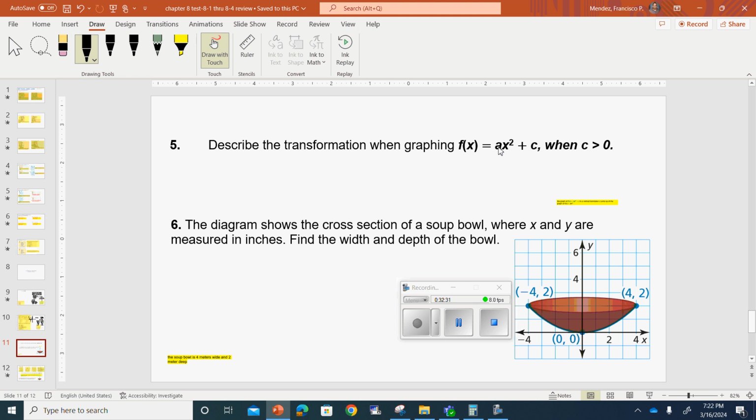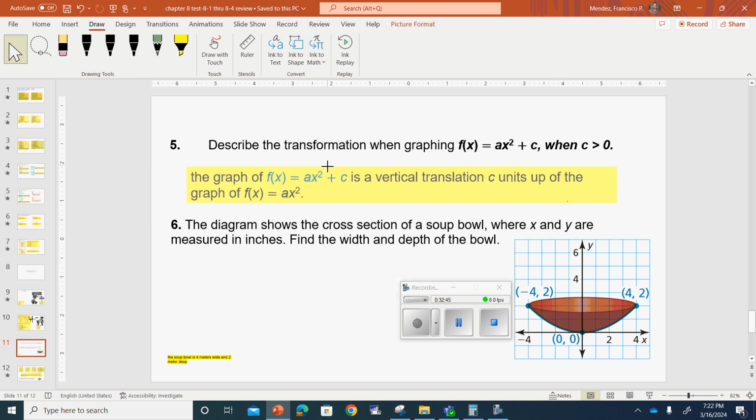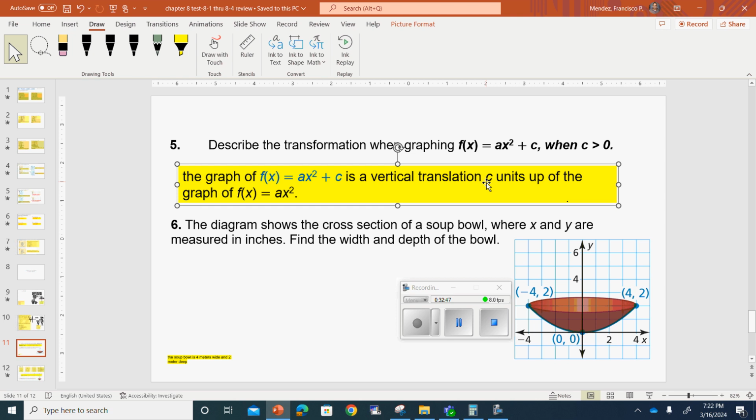But since they didn't identify that and all they talked about was c, I would say we're going to be translating up however many units c is. So let's go ahead and check my answer. It's a vertical translation, c units up of this graph. Perfect. Whatever c was, that's how many units up we're going.